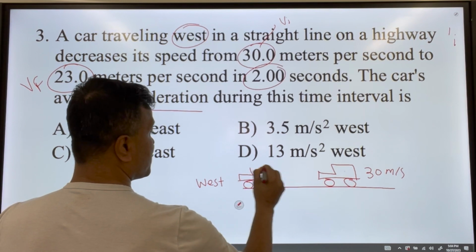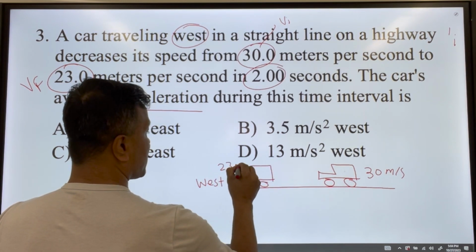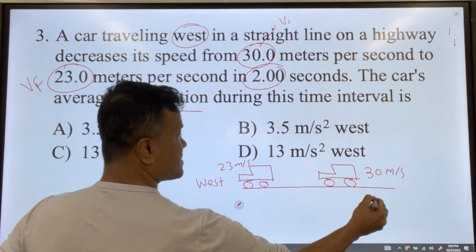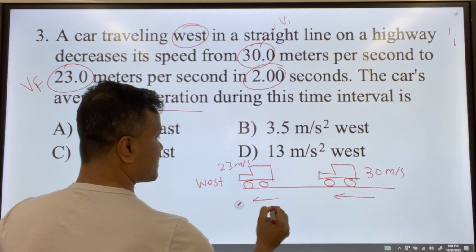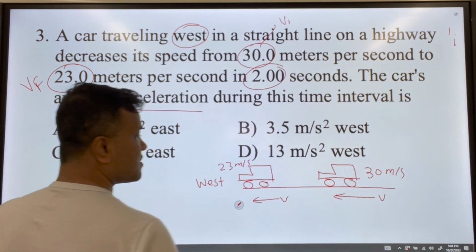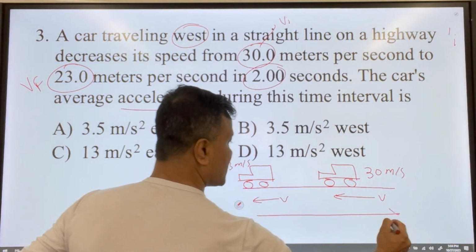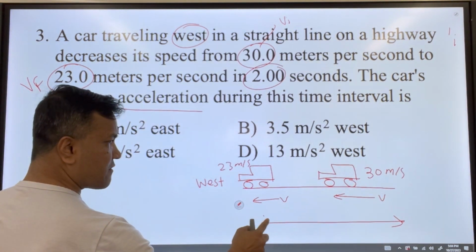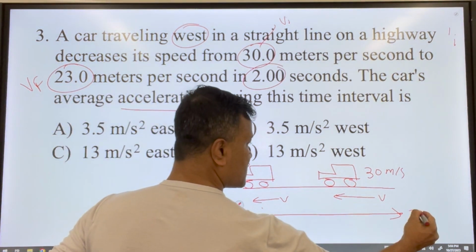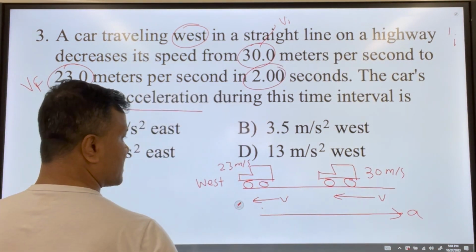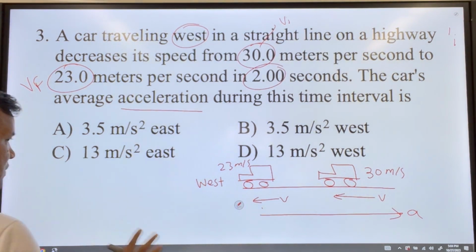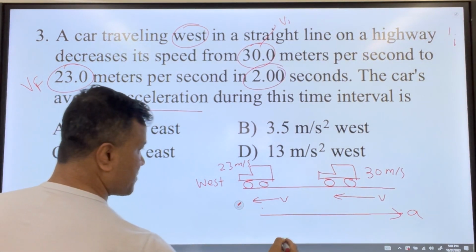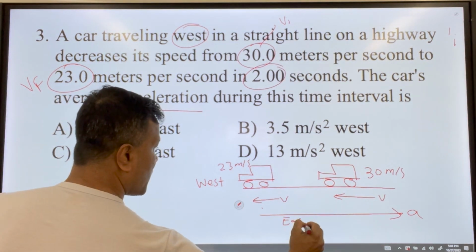So the velocity vector is bigger, then the velocity vector is smaller, right? Why? Because acceleration must be to the east. If acceleration is opposite to the velocity, then the velocity decreases, the car slows down. So our acceleration must be east or positive.